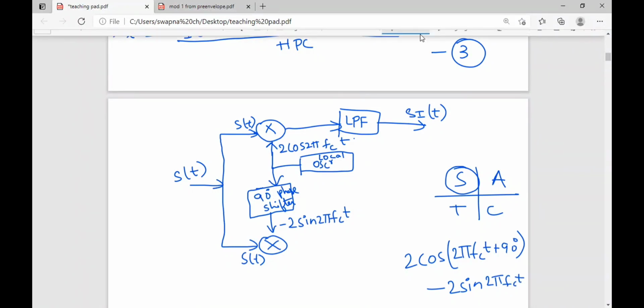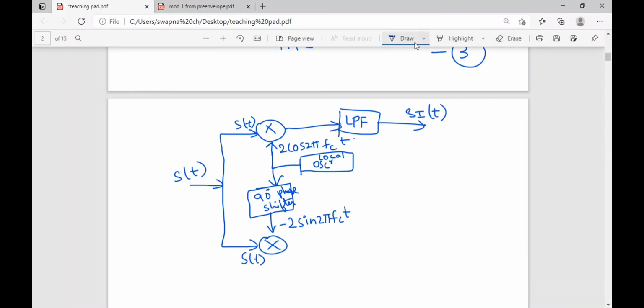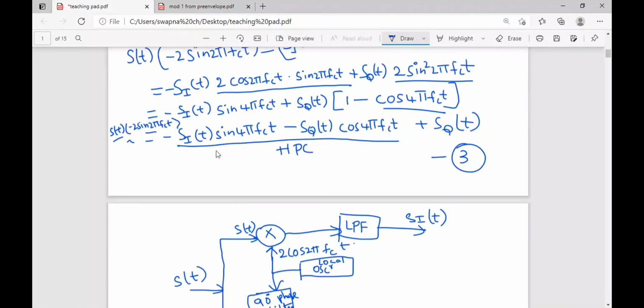Okay, let me erase all this. When I multiply S of t with this minus 2 sin 2 pi fct, the resultant equation will be in this way. But again, I don't want the higher frequency component, I just want Sq of t.